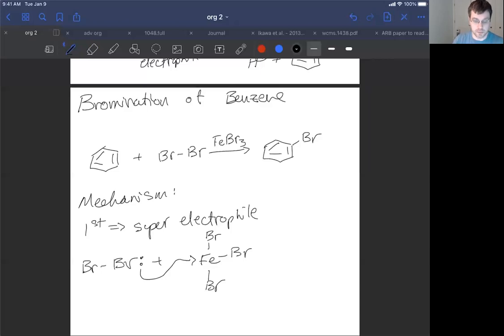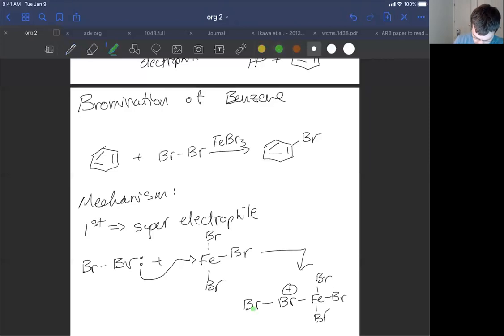Just one of the lone pairs of electrons on Br2 gets taken up to give us a complex where this serves as a super electrophile. I put the positive charge at the central bromine because that's where it's at, but that's not the electrophilic part. Rather, it's the atom shown here. This is our electrophile.